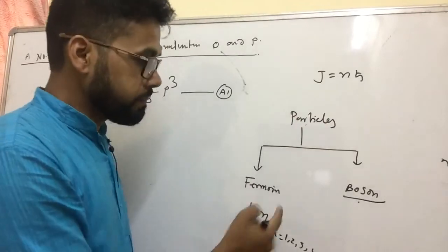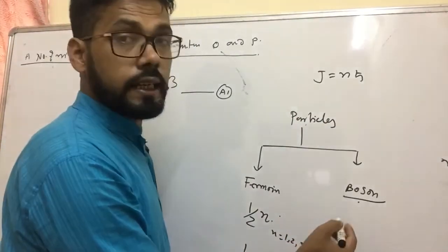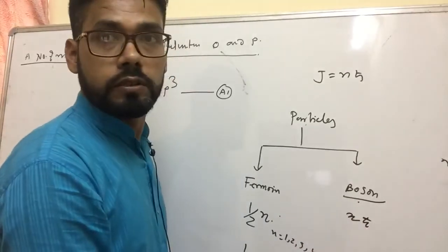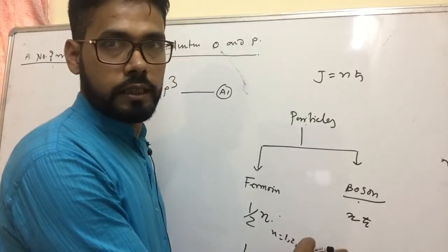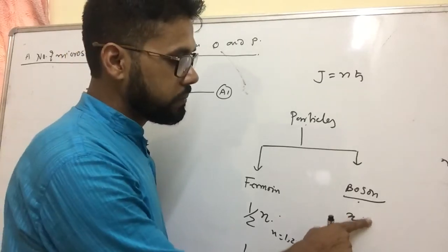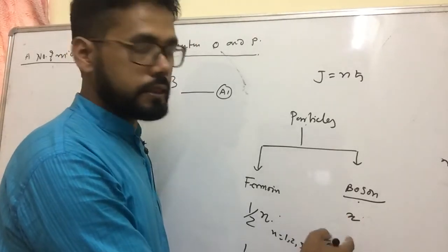Okay, remember. Integral spin means you can express it as n h cross, though we never write h cross, because we know the unit of spin is h cross. We always represent it by n, meaning an integer value.